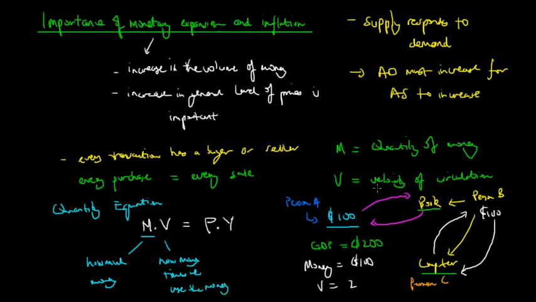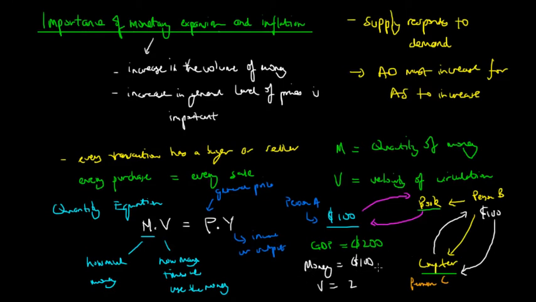We can see that P being the general price level, if we multiply that by Y, which is income or output, we can see that the amount of money we have multiplied by how many times we use it is the same as the general price multiplied by the output, which is also GDP, or the value of GDP in the economy.